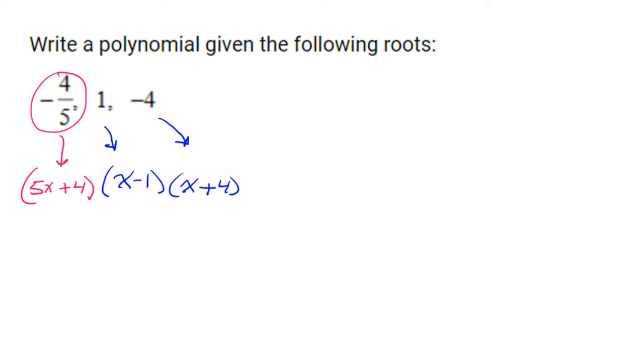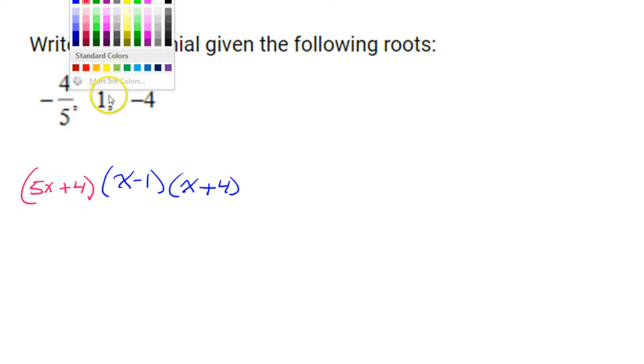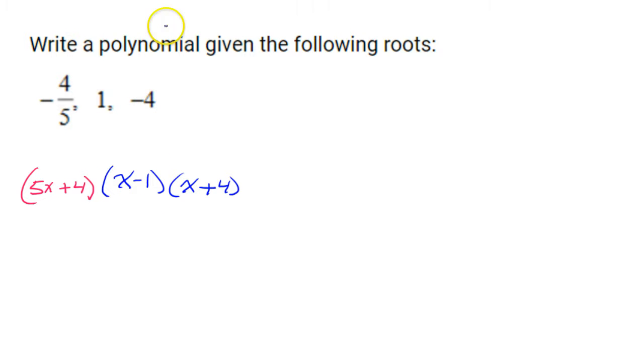So now that we did the hard part, let's go ahead and do the easy part and multiply these all out. I'm going to start with these two blue ones here. So I'm going to multiply these together. I'm going to do the distributive property twice. So x times x, that's going to give me x squared.